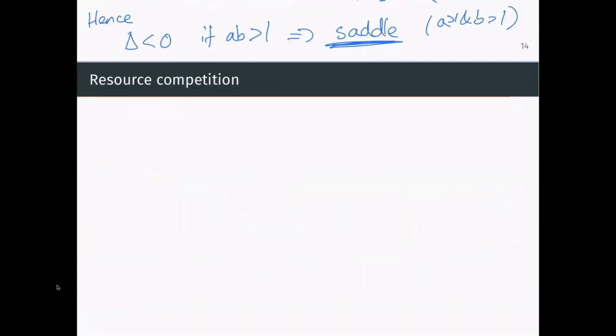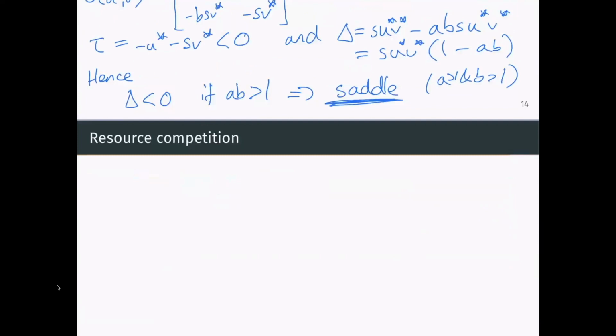Okay, let's think about what happens to get a positive determinant. Well, to get a positive determinant, this 1 minus AB has to be positive, so AB has to be less than 1. In other words, A is less than 1 and B is less than 1, based on our conditions for the coexistence equilibrium to exist.